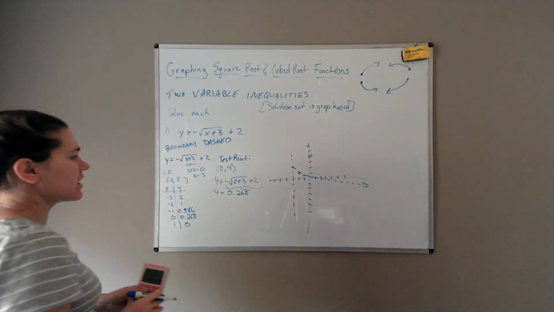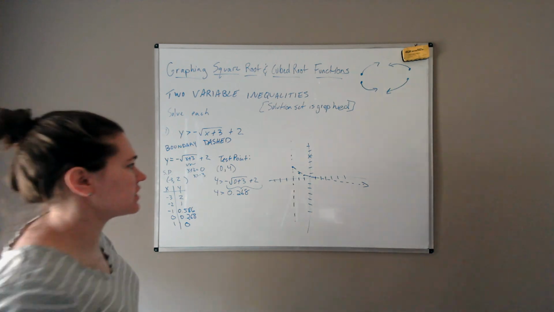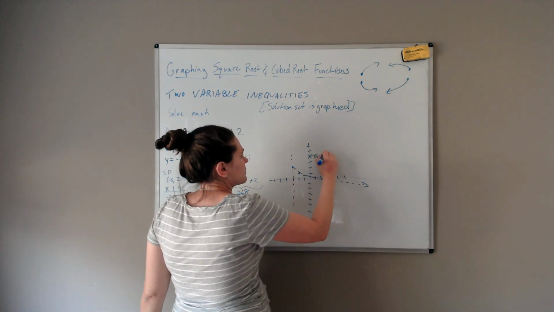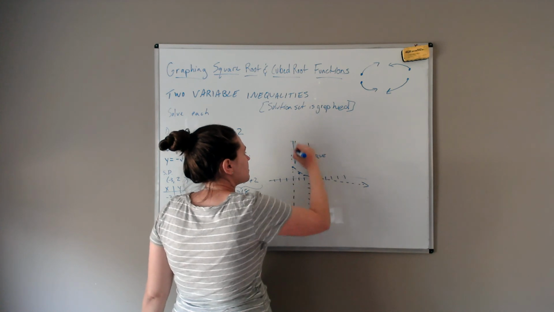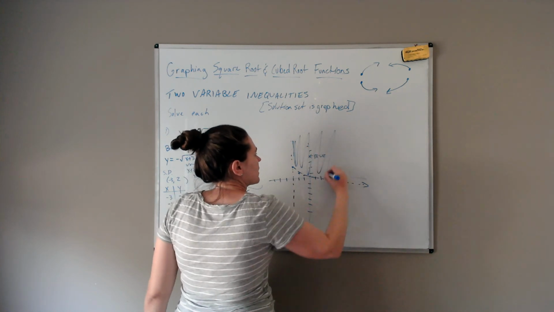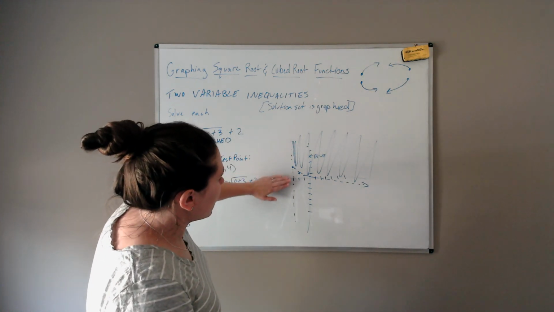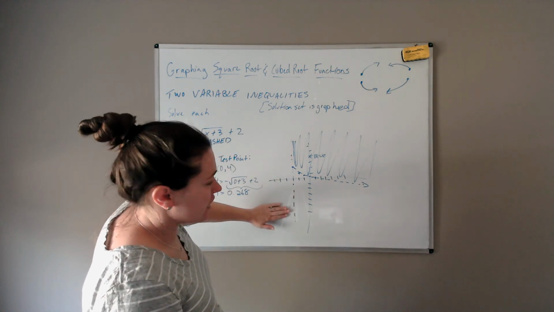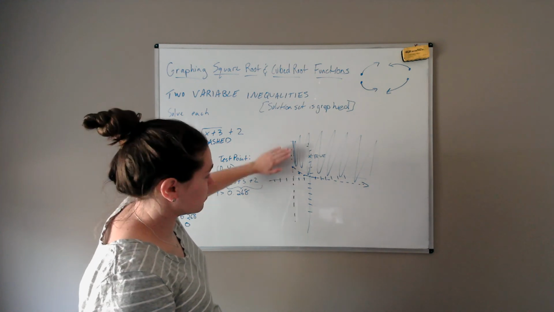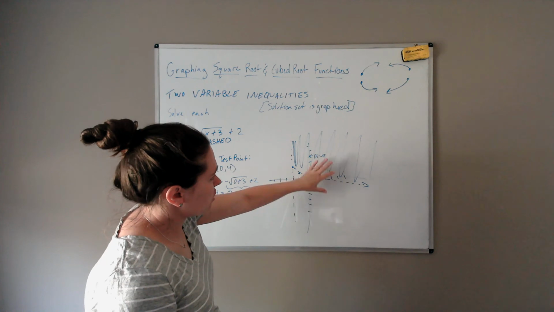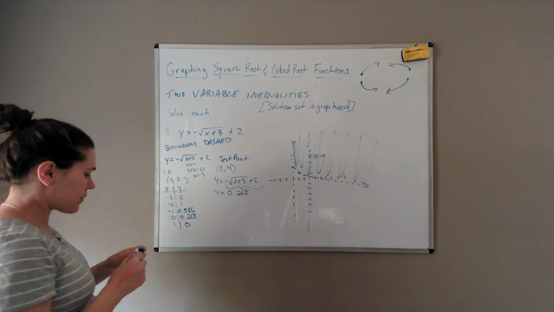So is 4 greater than 0.268? Yes, it is. So that means this is the true side: everywhere above the boundary, the infinite space above the boundary, is your solution. Do not shade anywhere that's not part of the domain, which is everywhere to the left of the starting point. Okay, so that would be the solution to this problem.